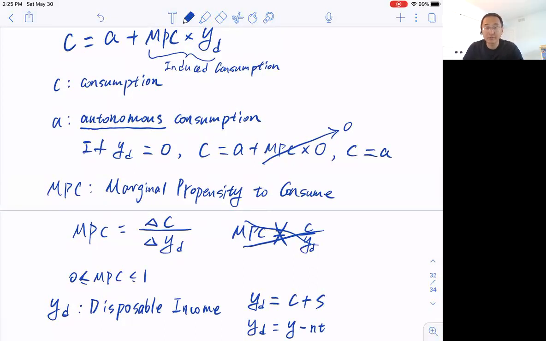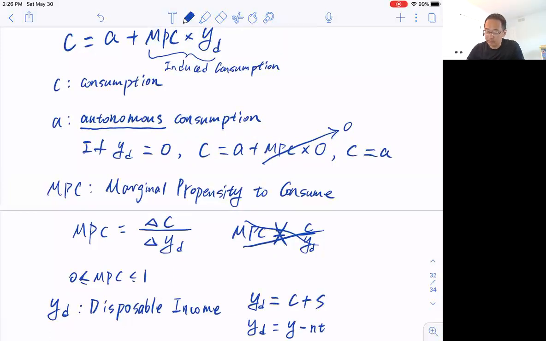That is what we call induced consumption. So the total consumption C equals what you have to spend to sustain your life, plus whatever you can afford to spend given your income, which is MPC times YD. Together, that's your total consumption.